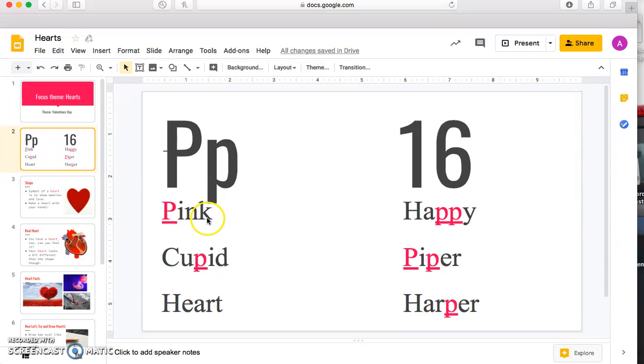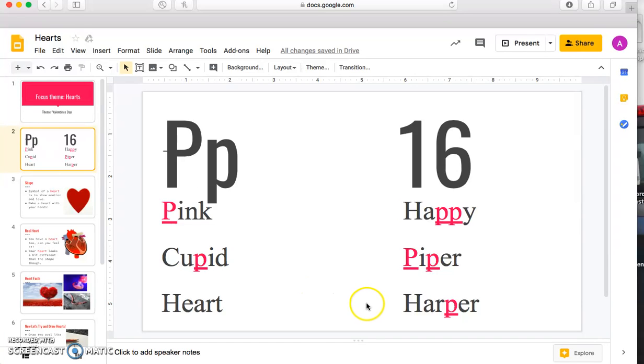And then you're going to write a bunch of different words on your PowerPoint slide, typically words that match the theme. As you can see, pink, Cupid, heart, happy, those are Valentine's Day themes. You're going to highlight the uppercase P's and the lowercase p's in these words, so that kids can learn to recognize the difference between the two.